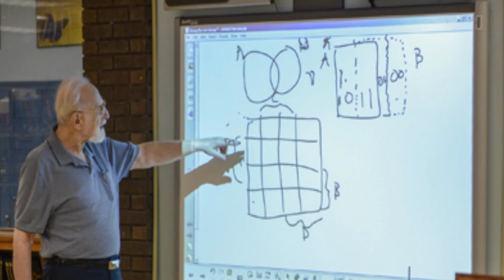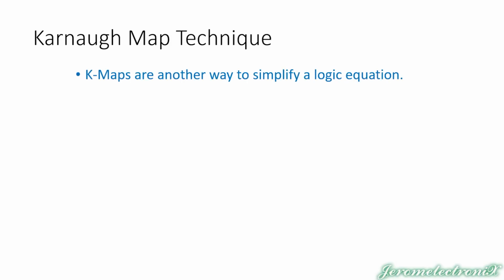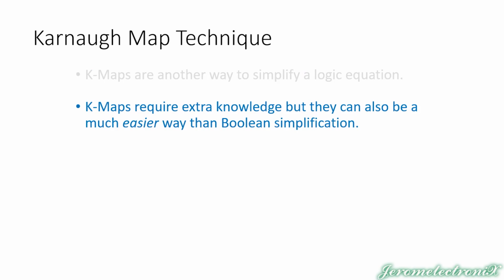Here he is demonstrating a Venn diagram. I'm guessing that's going to be some kind of a truth table. There's his Karnaugh map, also known as K-map. So the Karnaugh mapping technique, K-maps, are another way to simplify a logic equation, and K-maps require extra knowledge, but they can also be a much easier way than Boolean simplification.